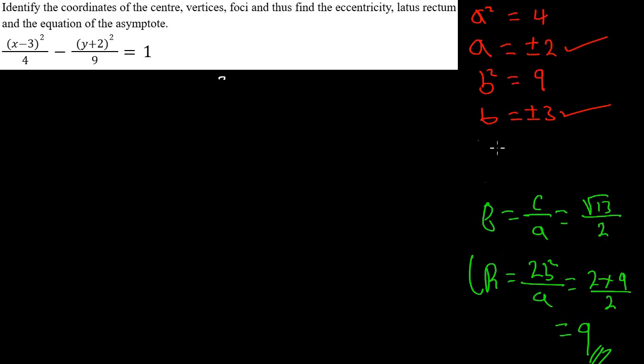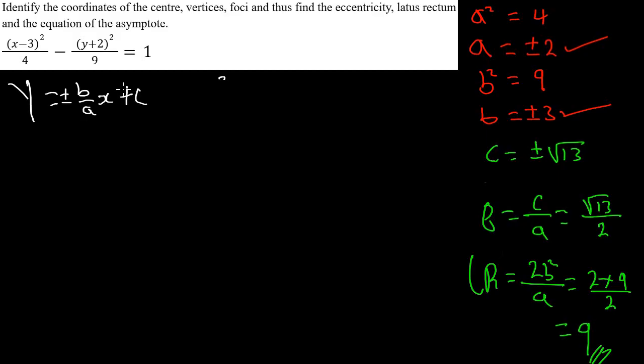Let me just write the value of C. We said C is plus or minus root 13. Since this hyperbola is horizontally orientated, the asymptote will be y equals plus or minus b over a x. But since it is not centered at the origin, it means we are adding c to it.